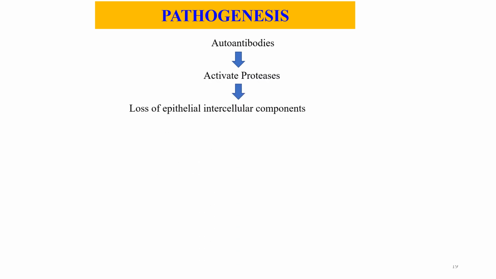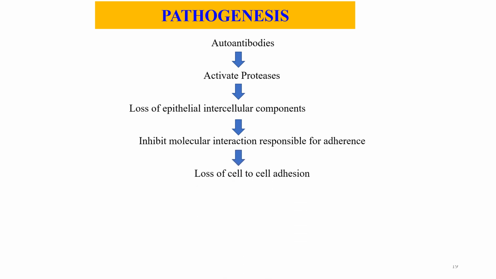The general mechanism of blister formation is that when autoantibodies are directed against the antigens, they activate the proteases which act on intercellular junctions of the epithelial cells, and they in turn inhibit the communication between the cells and result in loss of cell-to-cell adhesion. Then this results in production of a split within the epithelium and finally the blister formation.